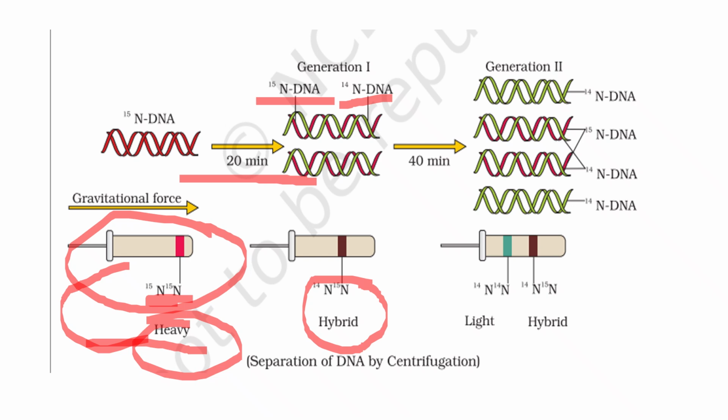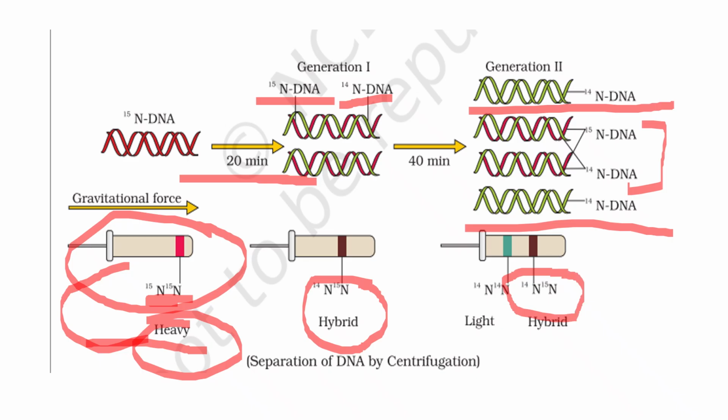It led to the formation of two light 14N DNA molecules and two hybrid DNA molecules, where one strand contains 15N and the other strand of the helix contains 14N. And this was the position. You can see that the hybrid is present in an intermediate position, the 14N is present above it and the 15N is situated below it.